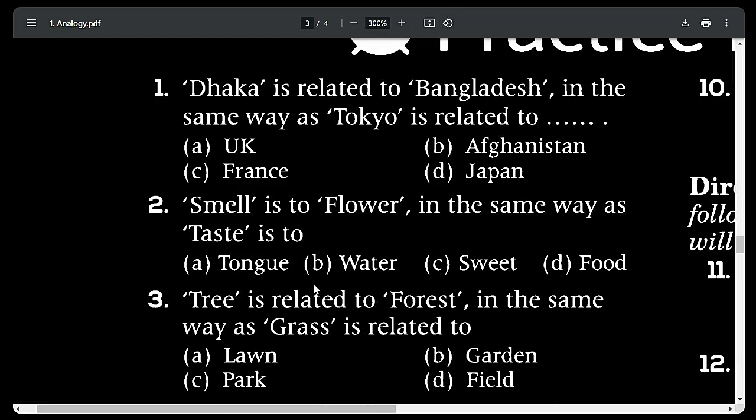No, no, no. We can say a set of so many trees together will create a forest, right? Yes. Similarly, so much grass together, what do you call? You call it lawn, you call it garden, you call it park, you call it field. Garden is wrong. Garden is not only having grass, a garden has beautiful flowers, decorations, so many sculptures, etc.